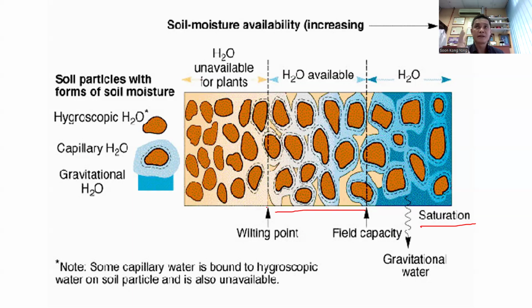Wilting point is where the soil has no bioavailable water. That means the soil has nothing to be absorbed by the plants, no water at all. That's why they wilt. Wilt means they sag and lose all the turgor pressure. So this is where it starts wilting, and usually it doesn't come back. Usually when plants are wilting, they die straight away.